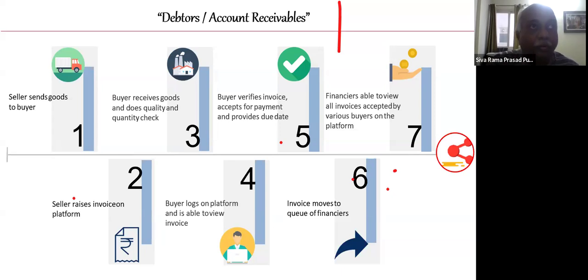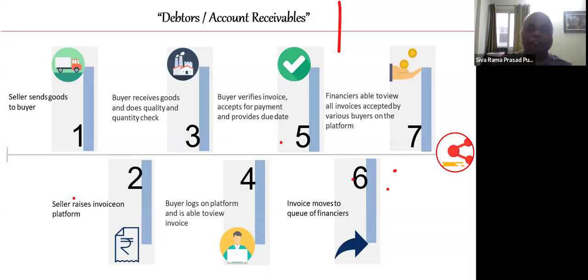Amazon opens the trades platform and views the invoice, whether the invoice price and terms and conditions are all correct or not. Then Amazon verifies the invoice and accepts it online. This is all online. The invoice moves to the financiers. Once the buyer accepts, the invoice moves to all the banks.